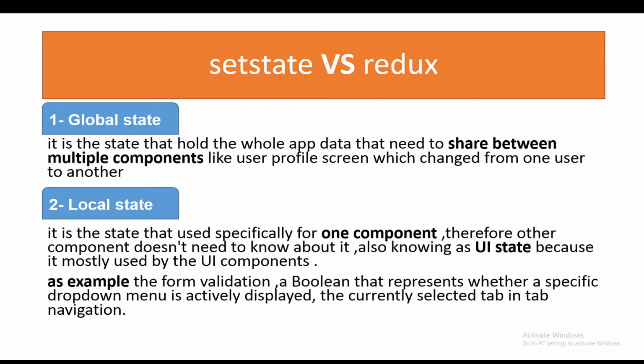As an example, form validation is a local state. A boolean that represents whether a specific drop-down menu is actively displayed is a local state. The currently selected tab in the tab navigation is a local state, which leads us to ask the right question: what is Redux?